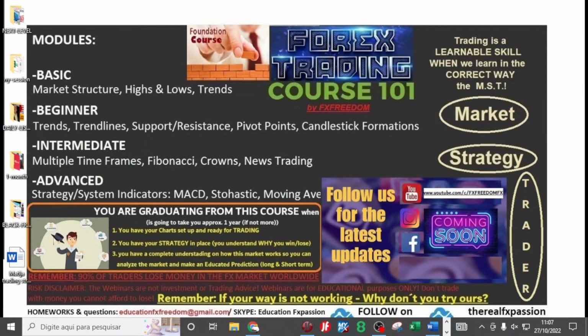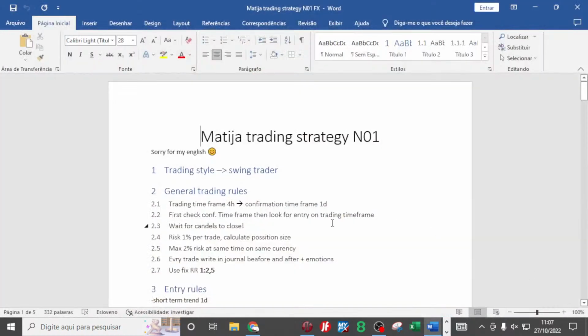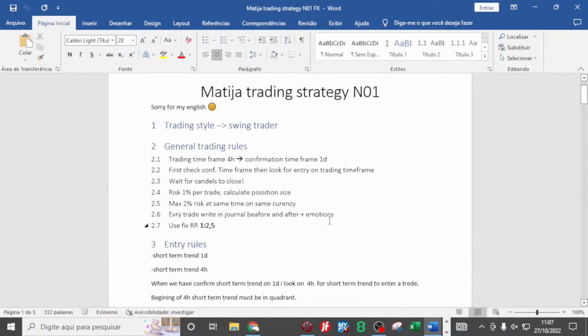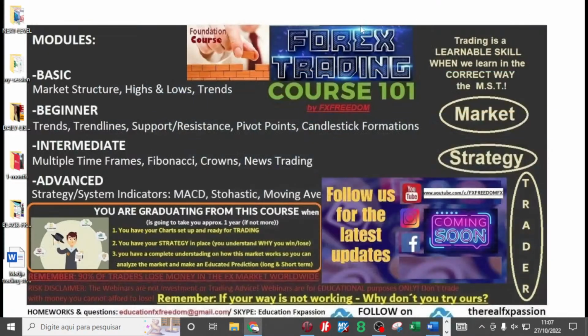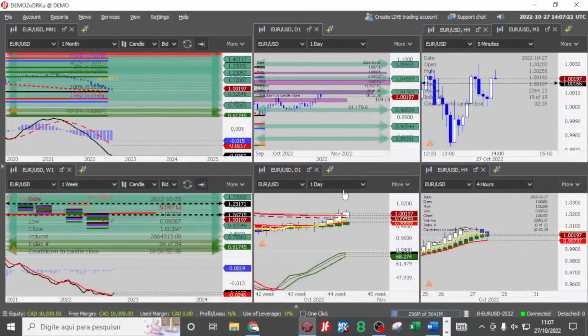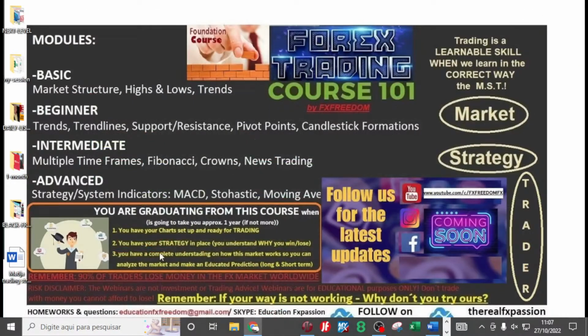Today we are going to work with Metia's strategy, everybody. We worked two days ago with Shola's strategy. Metia sent us his strategy, so we're going to check it right now. And number 3, you have a complete understanding of how this market works, so you can analyze the market and make an educated prediction, long or short, for the week.